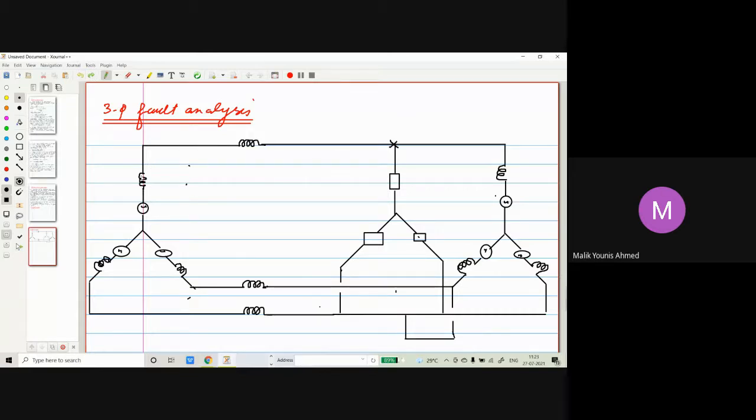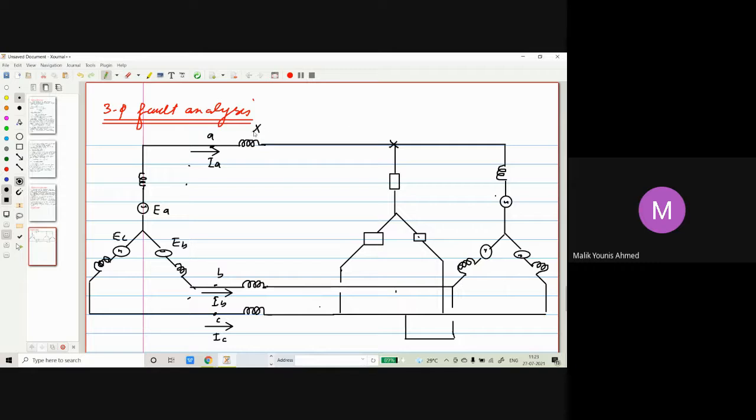Okay, so this is your generator. Now we'll be drawing it. This is phase B of the generator, phase C, each having reactance. So this is A, B, and C. The respective currents will be IA, IB, and IC.